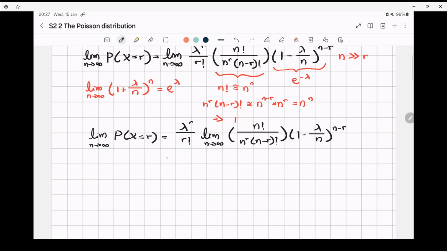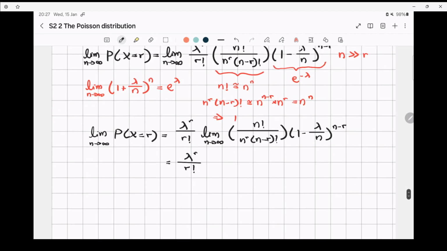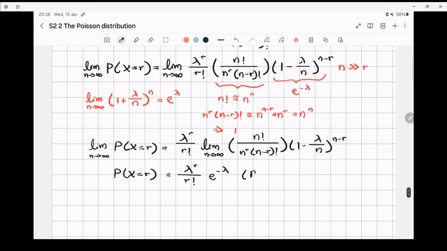So when you evaluate that limit, in the end you would get something like this. So the first term, the first bracket of the limit goes to 1, the second one will go to e to the power of minus lambda. Okay, so that's how you get this as a Poisson distribution.